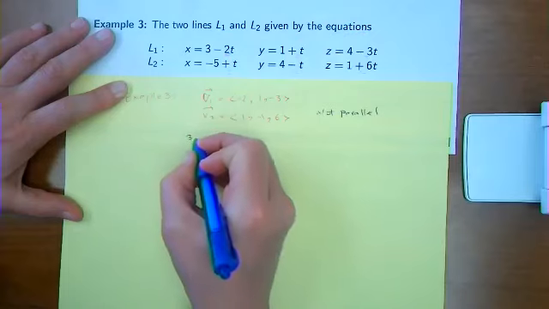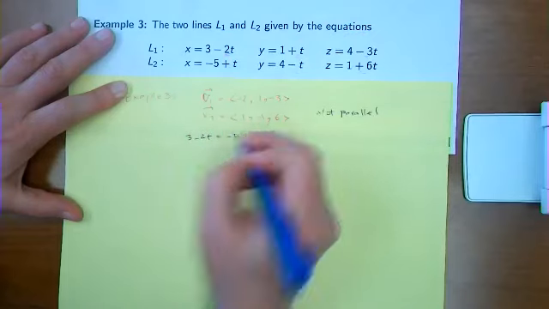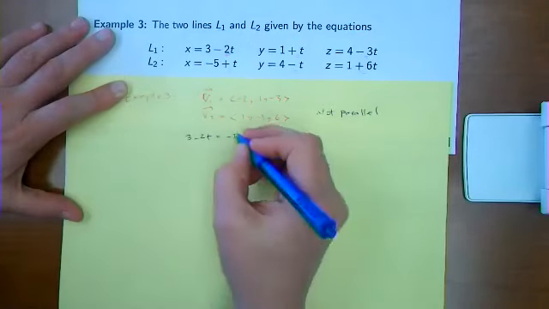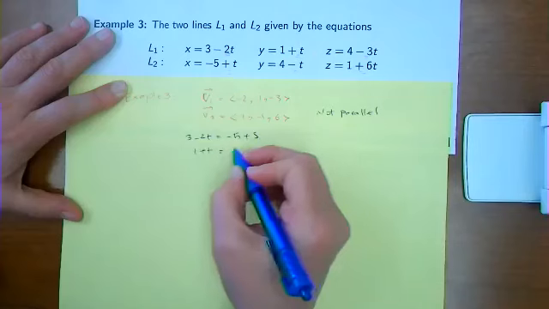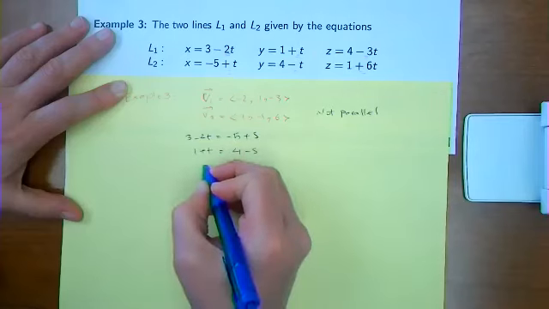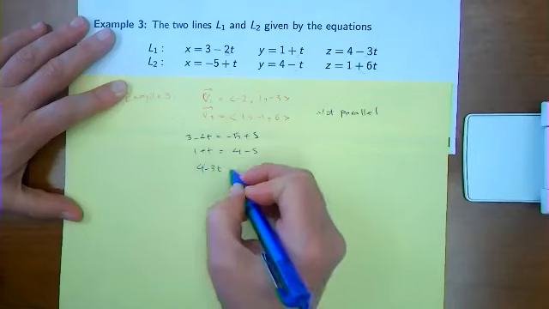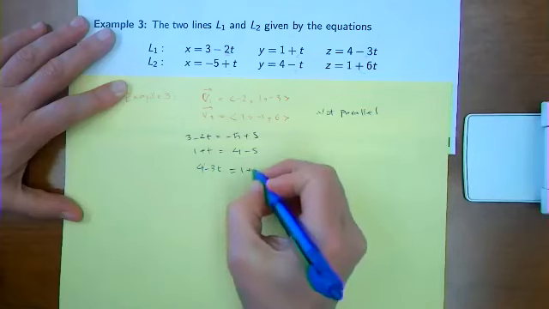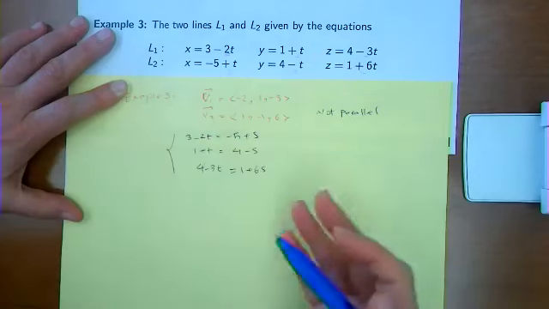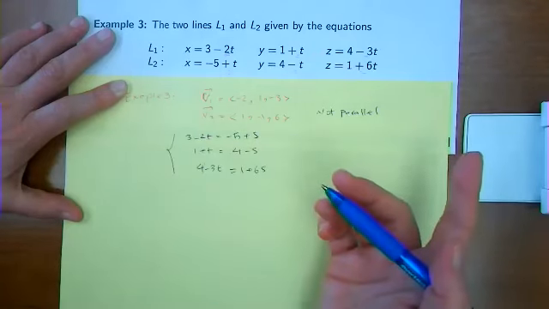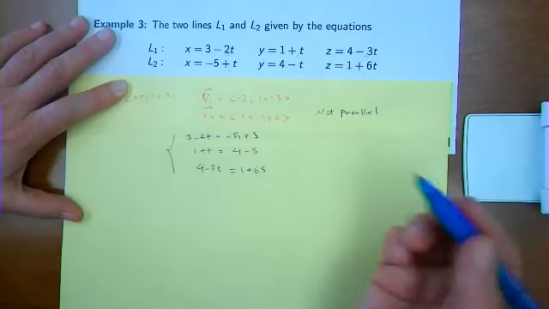So I'm going to solve 3 minus 2t equal to -5 plus s, giving another name to the parameter. And over here, 1 plus t equal to 4 minus s. And then over here, 4 minus 3t equal to 1 plus 6s. If this system is consistent and has an answer, then they are intersecting.